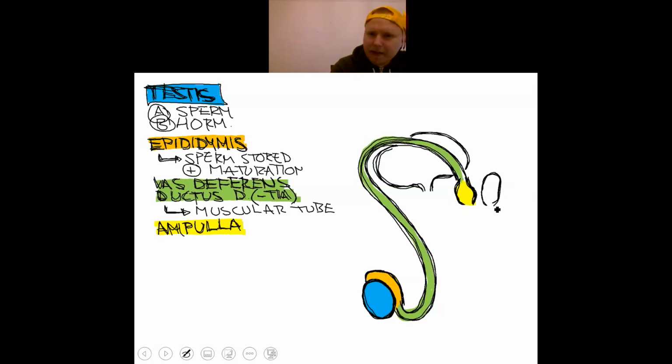And it is going to have a duct joining to the tube that we have already looked at. And we're focusing now on this gland. This gland is known as our seminal vesicle.